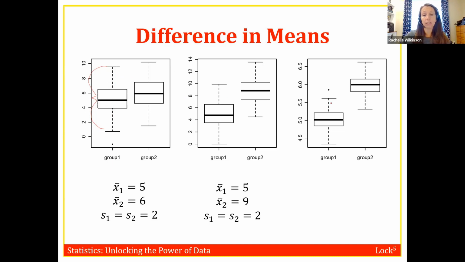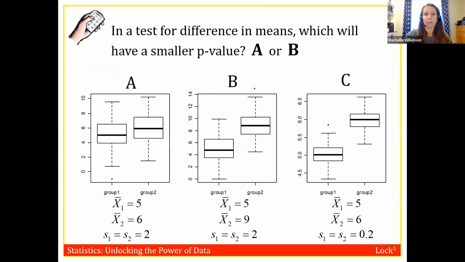And visually, you can see this on a box plot pretty well. So if I'm comparing, say, A and B, which one do you think has better evidence of a difference between group 1 and group 2? Do the box plots in A show more evidence, or the box plots in B?